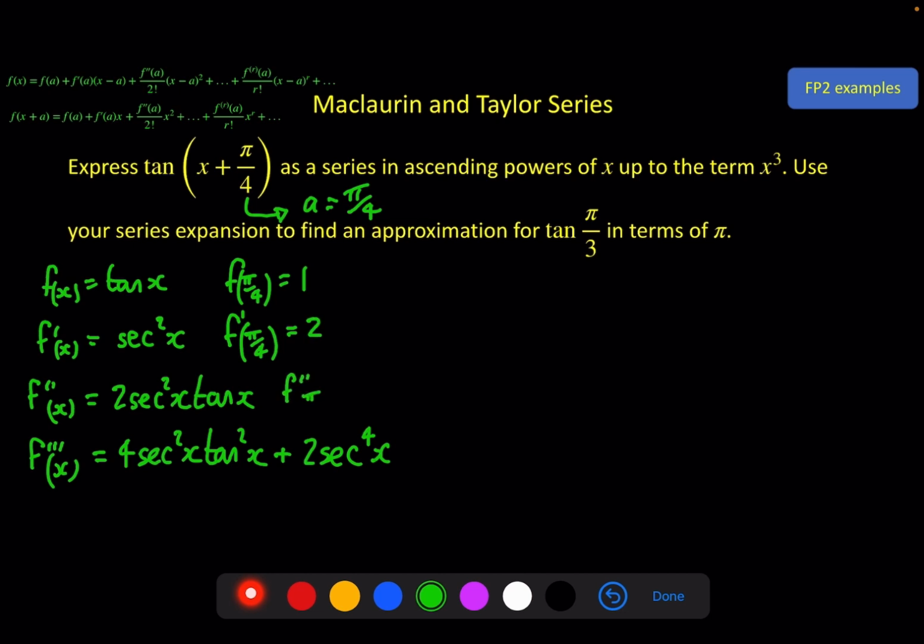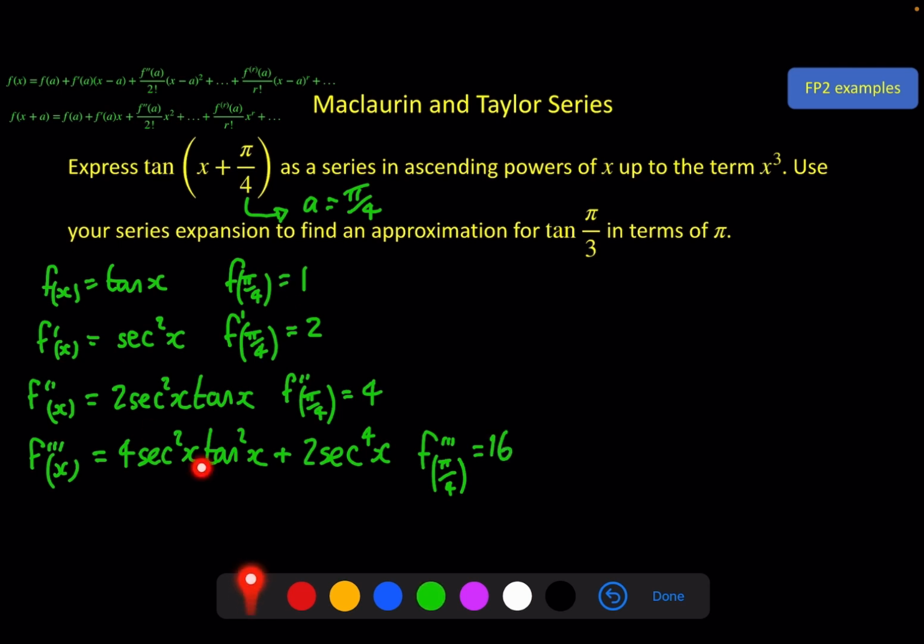This one, evaluated at pi by 4, you can stick that on your calculator, or you can use the fact that we've already got tan x and sec squared x evaluated for us here, put these in here, and that gives us a 4. And then the third one, same again, on your calculator if you want to, but there is enough information here to put it in here, and that should give us an 8 plus an 8, which is a 16.